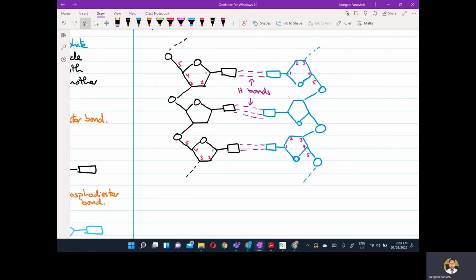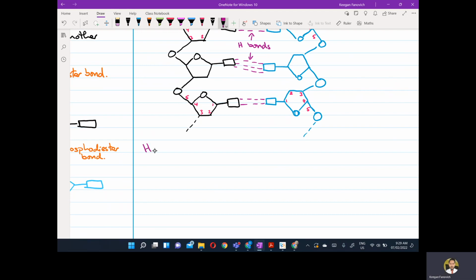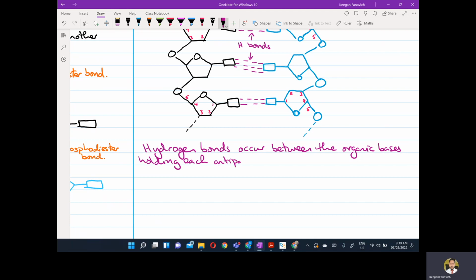Hydrogen bonds occur between the organic bases, holding each antiparallel strand to each other.